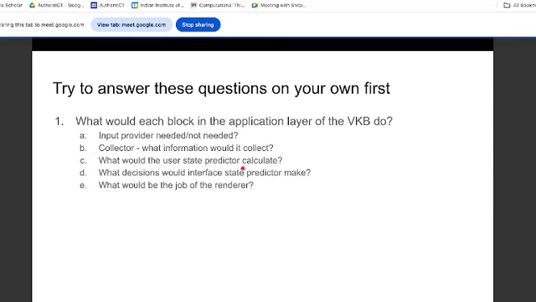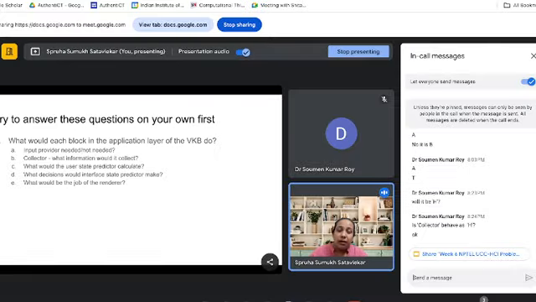Next, what would the user state predictor calculate? The predictor may calculate the task execution time for this particular user in a particular layout. And what decision would the interface state predictor then make? Based on this task execution time, there will be different types of layouts, right?